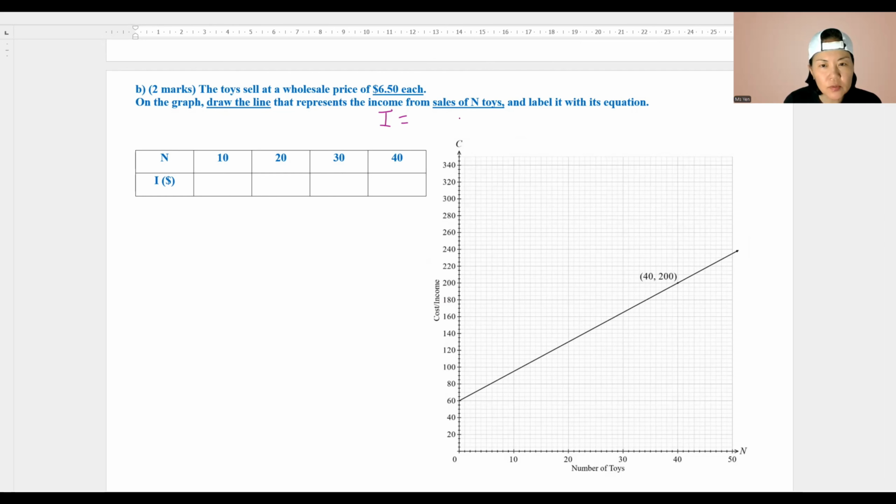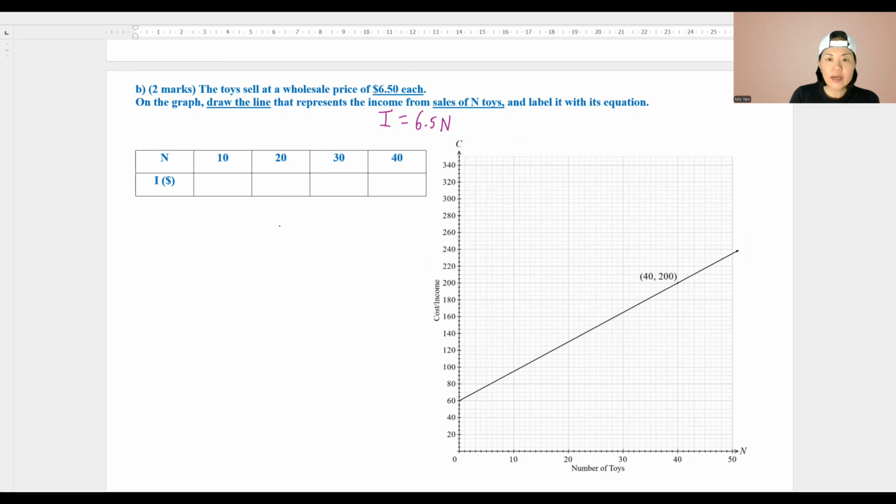So it's something to do with the n. How much is it selling for? $6.50 each. So each time we sell, we're going to earn $6.50. So I'm going to go 6.5 times the number of toys. That will be our equation for income.